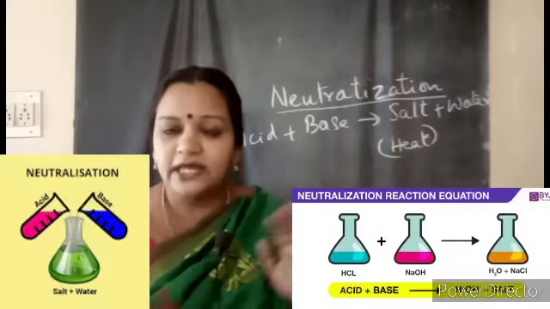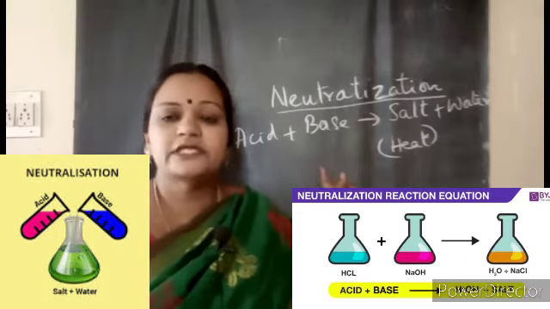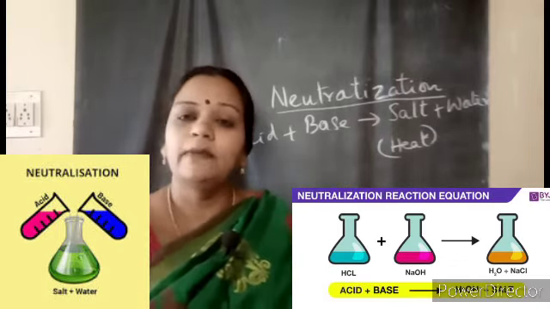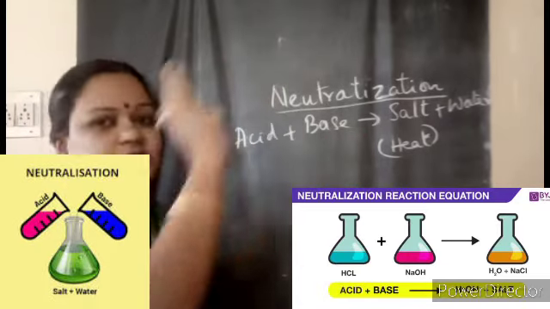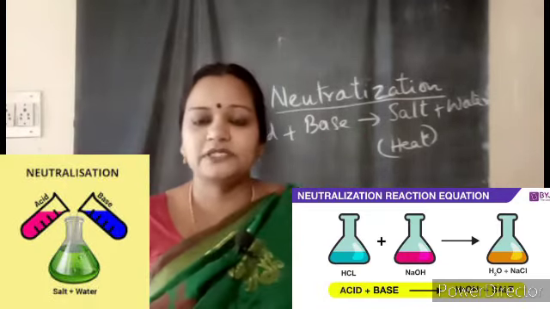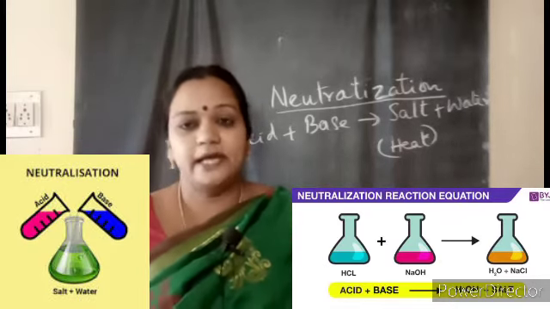So in certain cases, when we want to neutralize the effect, this can be done. Acid and base can be mixed so that a salt is produced, and the acidic property and basic property are neutralized, meaning they will lose the properties they had.